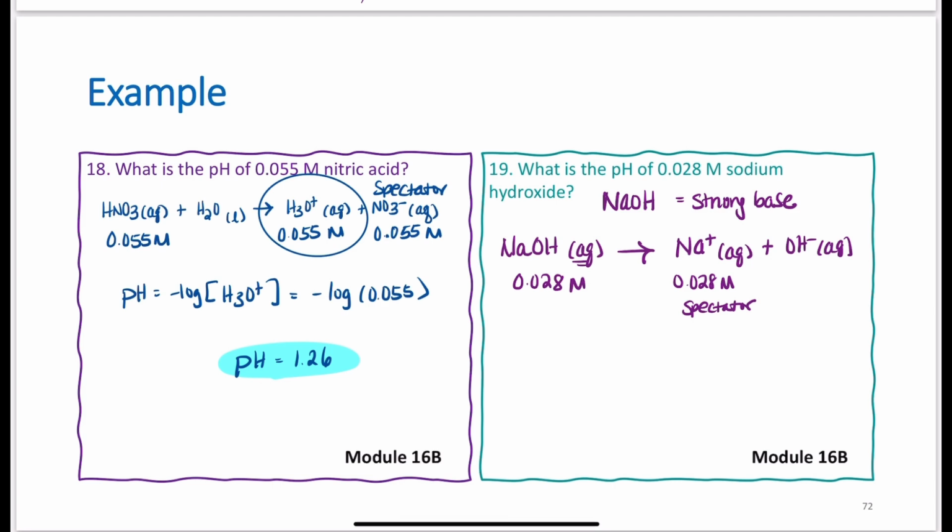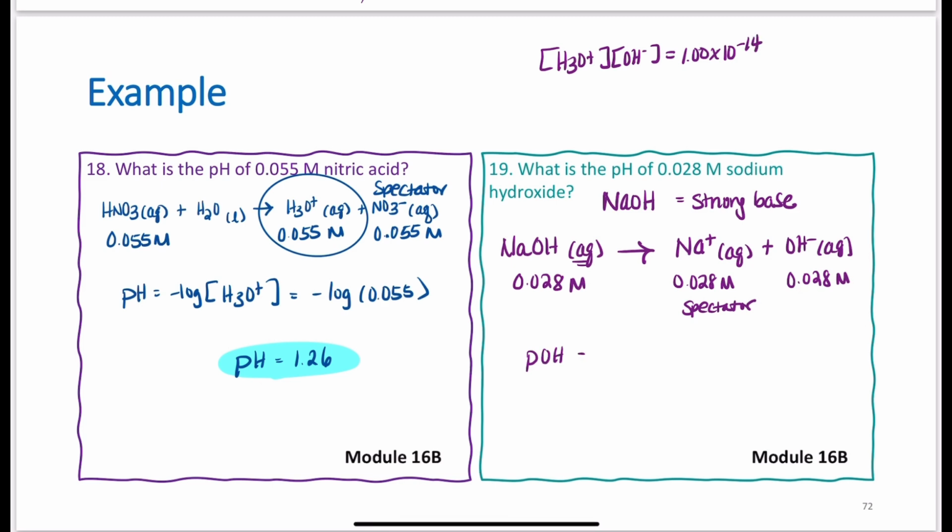It's the conjugate of sodium hydroxide, which is a strong base. It doesn't want to do anything in solution. And 0.028 molar for the hydroxide here. I'm going to find pOH first because for me that's easier. Again, you can go H3O plus times OH minus is equal to 1.00 times 10 to the negative 14. You can use that to find hydronium concentration first, then find pH.